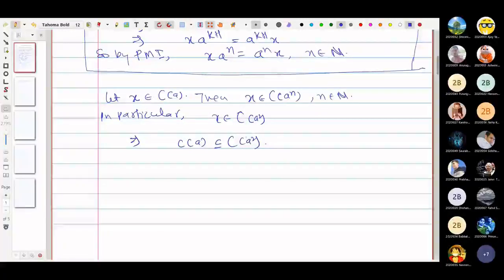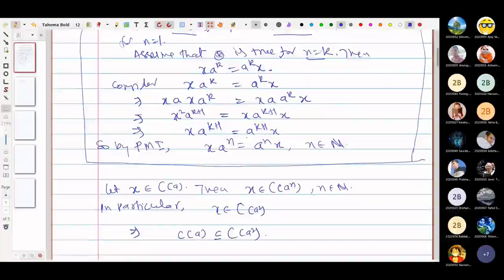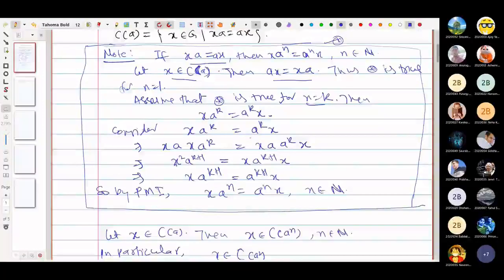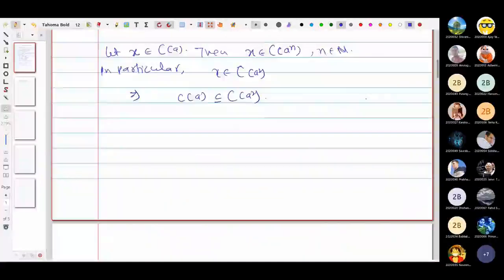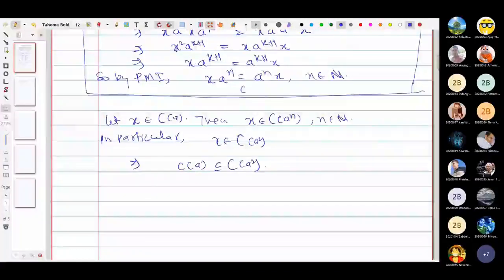And moreover, until now we have not used that the order of a is 3. One more thing: in general, you can say here that the centralizer of A is contained in the centralizer of A to the power n.